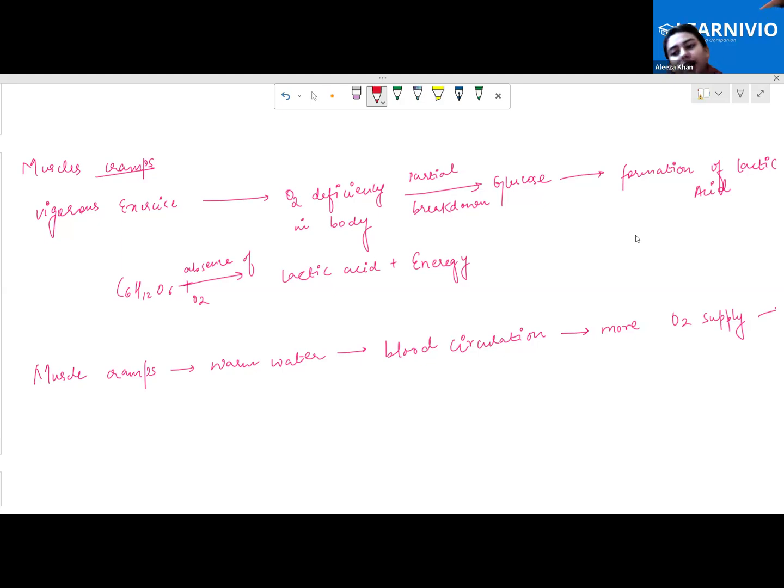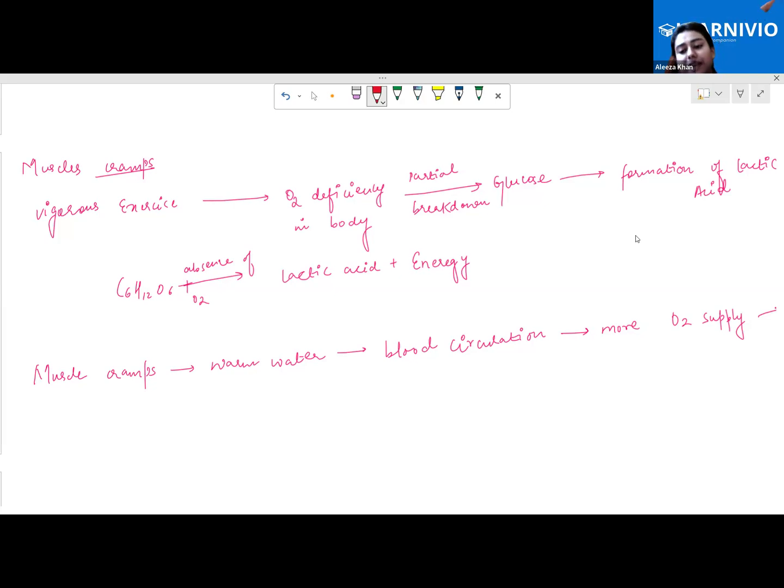It will not be vigorous for a body used to exercise, but it would be difficult for your body if you are leading a sedentary lifestyle. So you have started doing it.